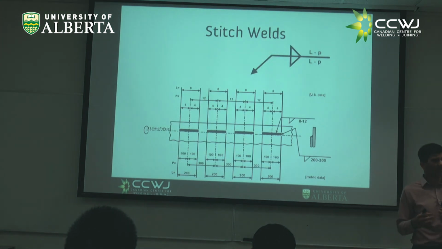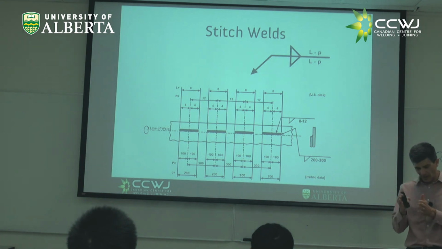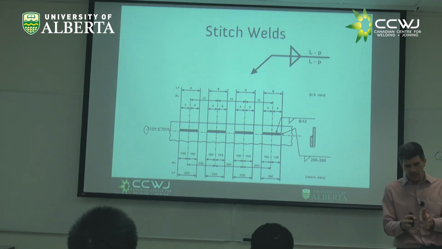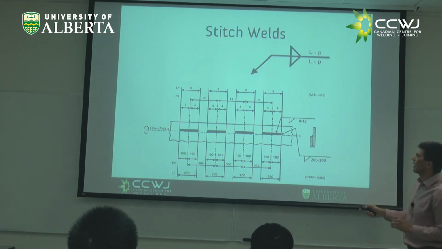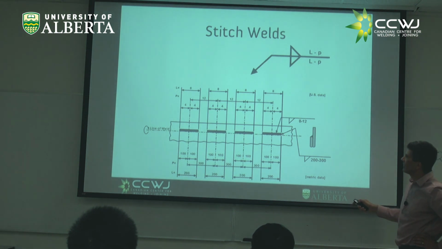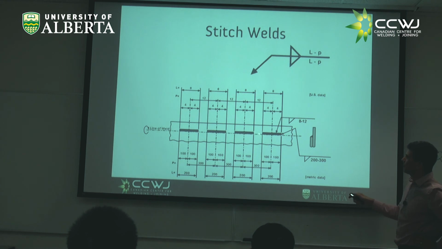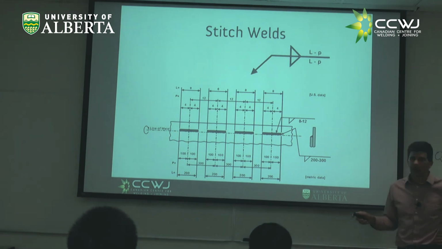Remember when we talked about stitch? So if you're going to stitch your weld, you can say how long the stitches are going to be and how separate they are going to be, right? And it's length of the stitch and pitch. So you specify how long the stitch is and how separate the stitches are. No, you don't specify this gap in between.